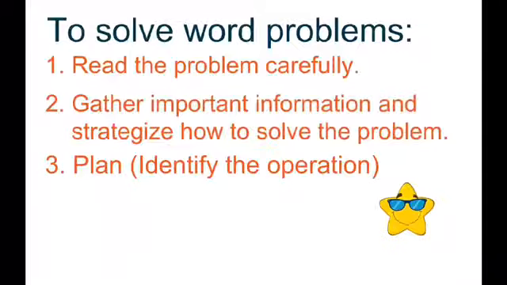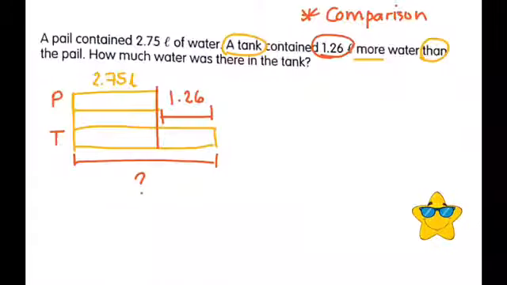Now our next step is to plan and identify the operation that we would be using. Looking into the given bar, we are looking for the tank, and that would mean that we need to look for a certain amount that is way higher. What operation are we going to use?